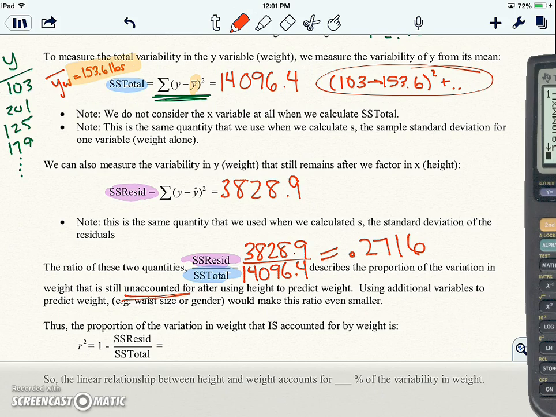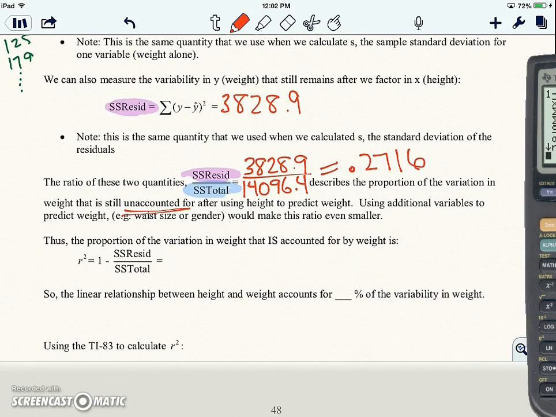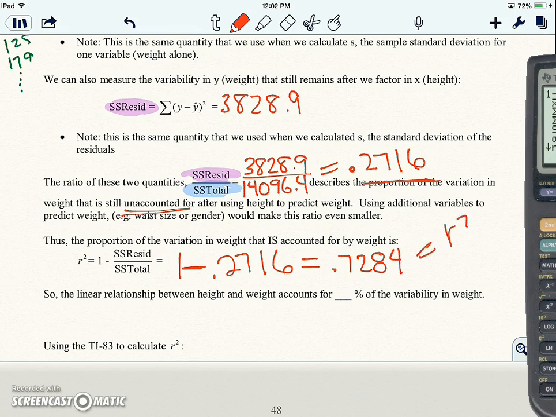But if we think about it, r squared tells us how much the x does account for. So if we took this value and subtracted it from 1, we'd get the accounted for part. And we get about 0.7284, which although that was our r squared, this was the part that is accounted for.